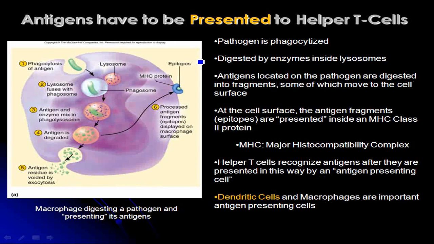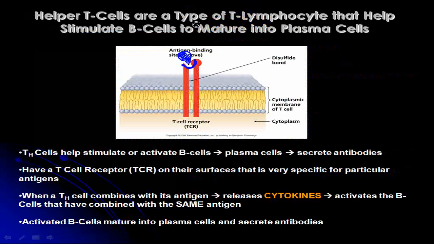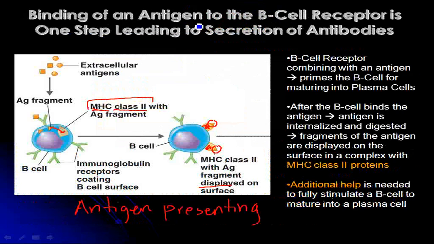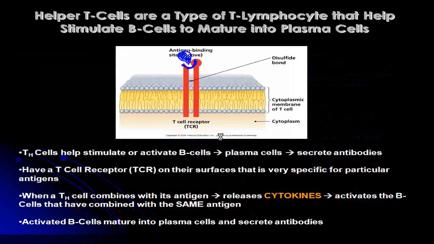But that's not the case with helper T cells. A helper T cell will only bind its antigen if that antigen is presented to it. Okay? Now, we just talked about that a minute ago. Over here on this slide, we mentioned that the B cell over here is presenting its antigen to, hopefully, its corresponding helper T cell that's going to stimulate it.